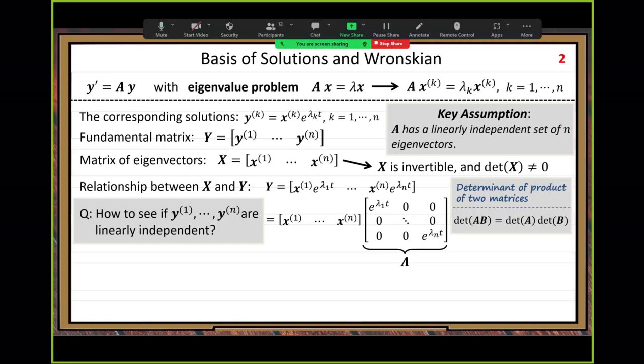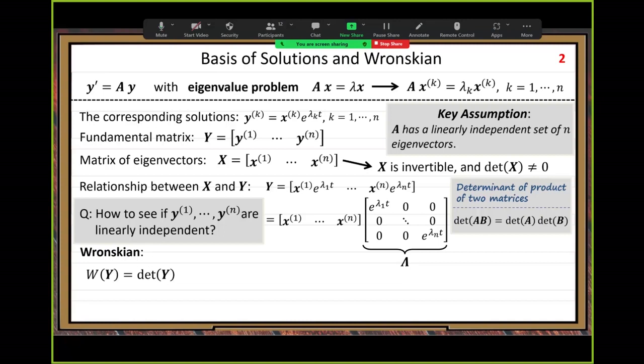Now we apply this property here on Y. What is the determinant of Y? Let's recall the Wronskian. What's the Wronskian? The Wronskian is the determinant of Y. So W of Y equals the determinant of Y. That's the Wronskian of this linear system.